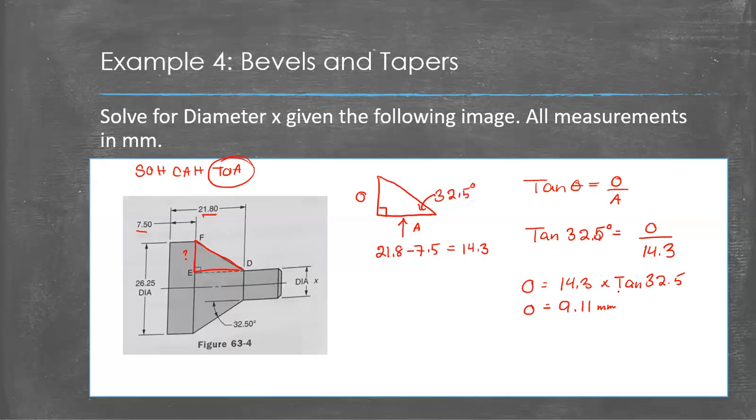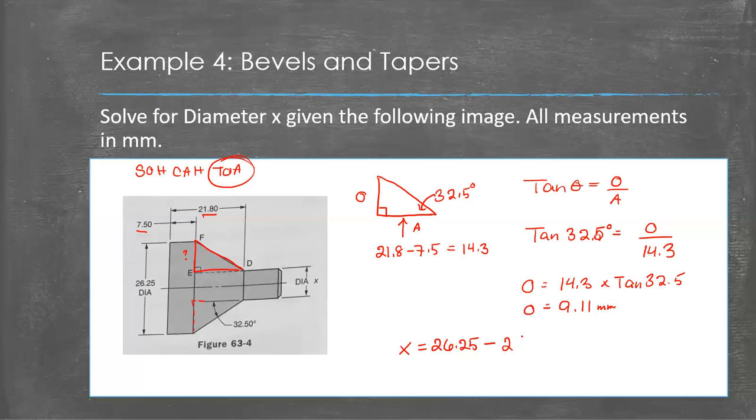Now that's not the end of our question. We just simply found out this measurement. So now we have to find out, well, what is diameter X? So X is equal to the full diameter of the other end, so 26.25 minus, we're going to actually subtract the 9.11 twice because you have 9.11 here, and you also have it over here.